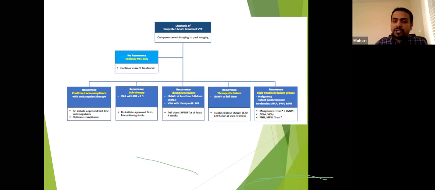If they are already on a full dose of low molecular weight heparin, then you can give them an escalated dose of low molecular weight heparin at 120 to 125% of their body requirement. And if it is happening despite that, then you can think about whether it is due to an underlying cause.